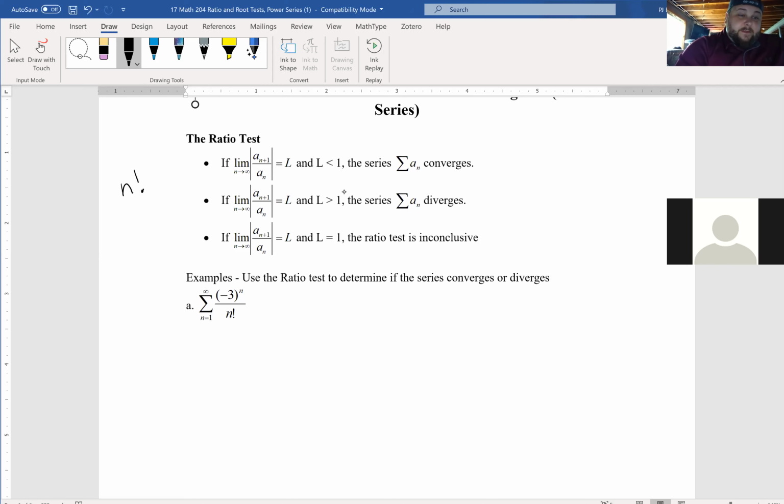Another one is literally just a lot of n's. You know, if you got n plus 1 squared times 3 to the n over n minus 2 factorial, whatever, right? If you have a ton of those, a ton of n's running around, it's a good choice typically to try the ratio test.